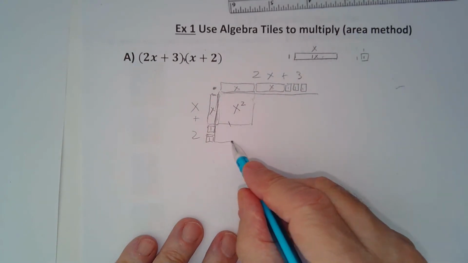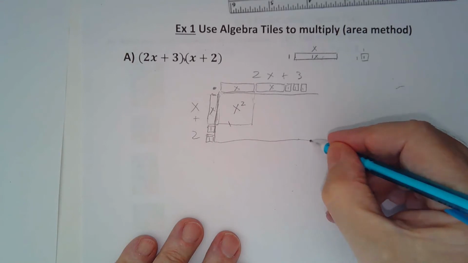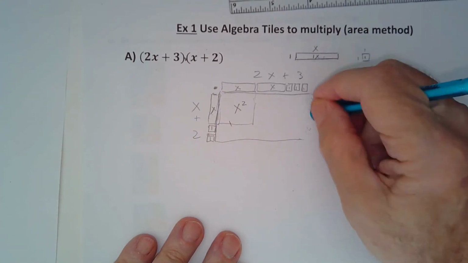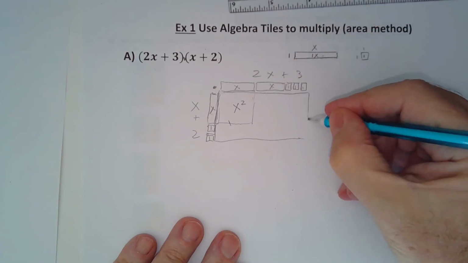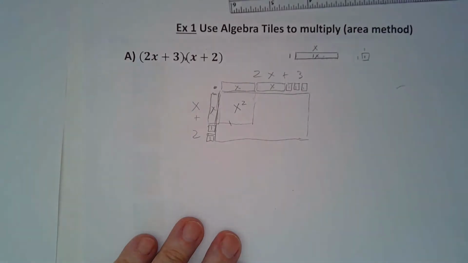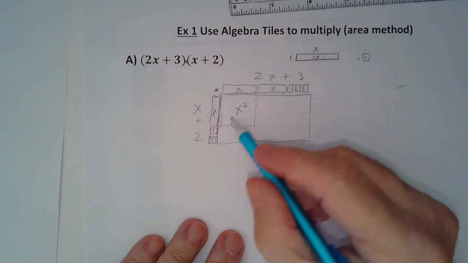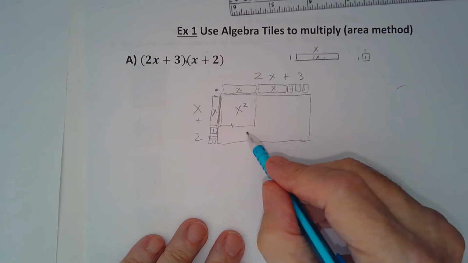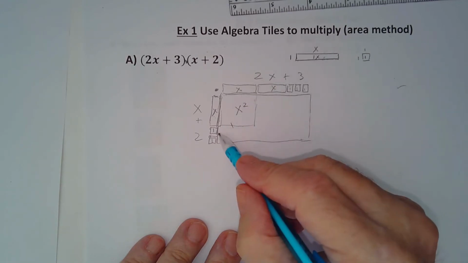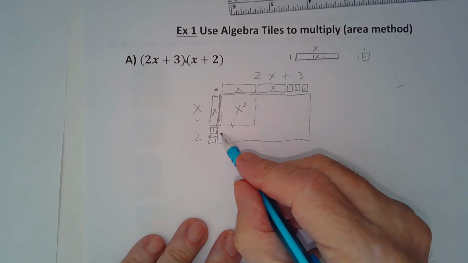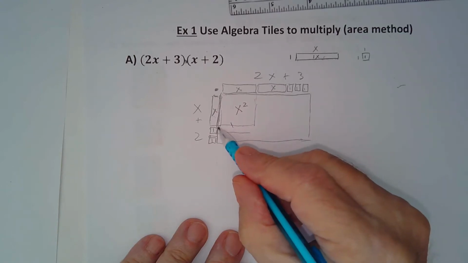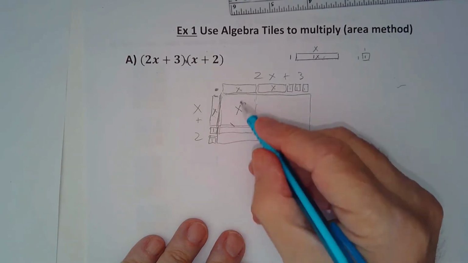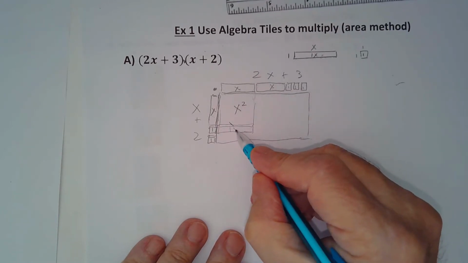Now I'm just going to extend this box. I got 1 here, but I want to fill in this here. The length of this is going to be 1x. So I'll fill it in with 1x. Why? Because I got a 1 over here and an x up here, so this is 1x.